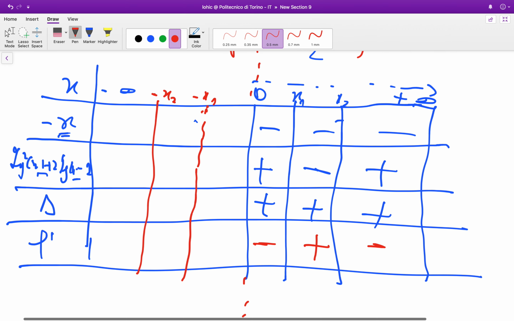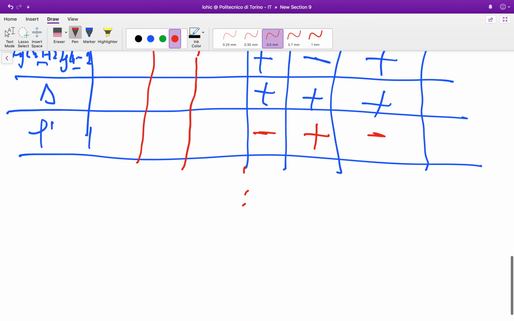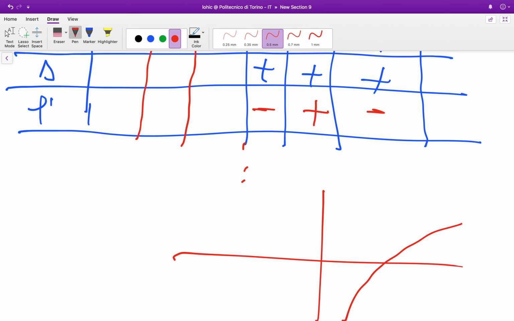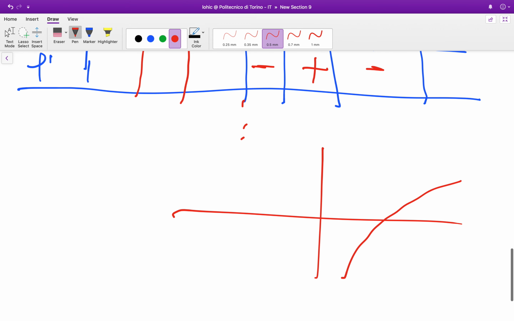Okay, now pay attention. What happens is going to be the contrary. When you say that something is increasing here, what happens to its image? When something is increasing to one side, to the other side it will be decreasing. Is that clear?